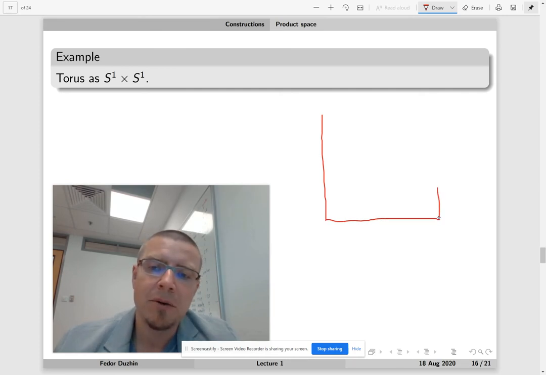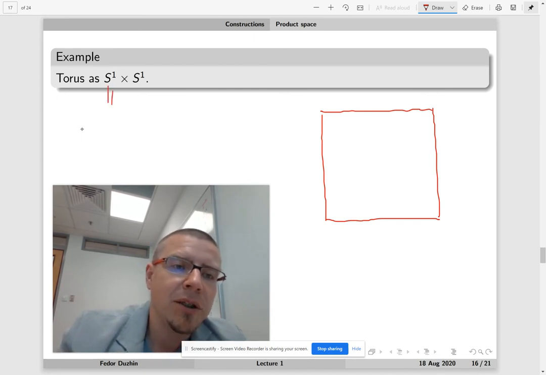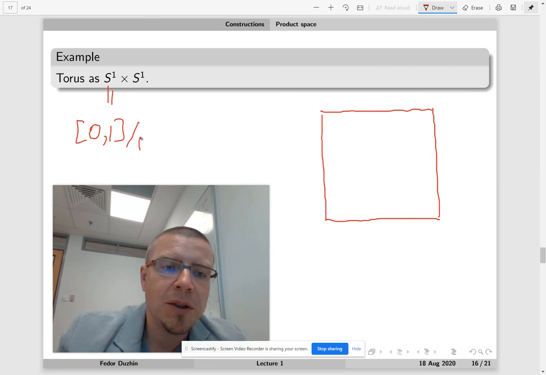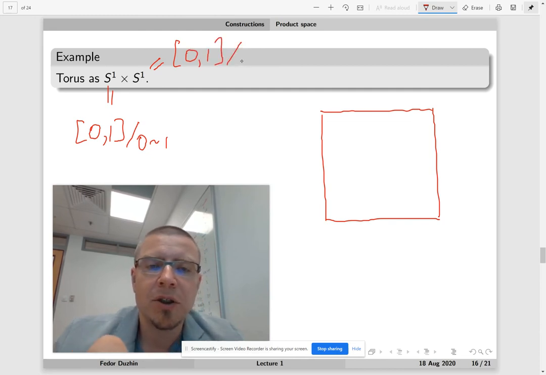It is a square, right? To construct the product of two topological spaces, our S1 is going to be a line segment [0, 1] where 0 is glued to 1, and the other S1 is also going to be [0, 1], subject to the equivalence relation that 0 is glued to 1, right?